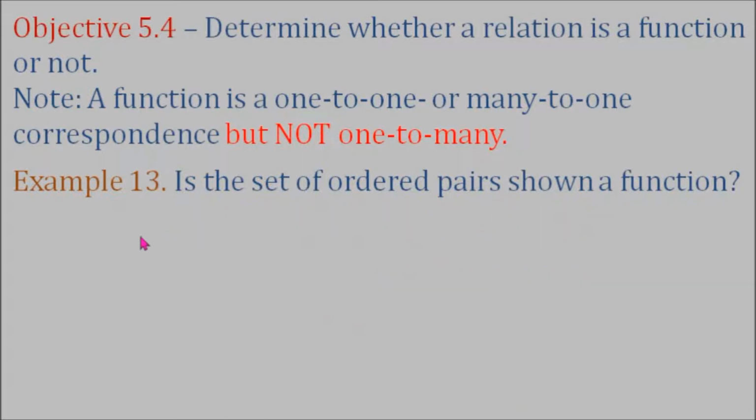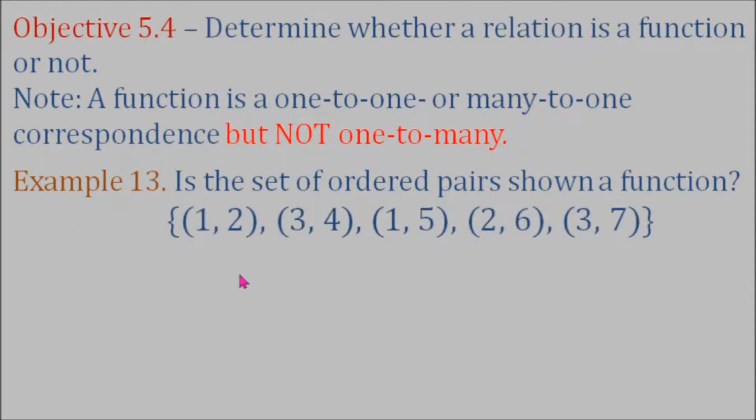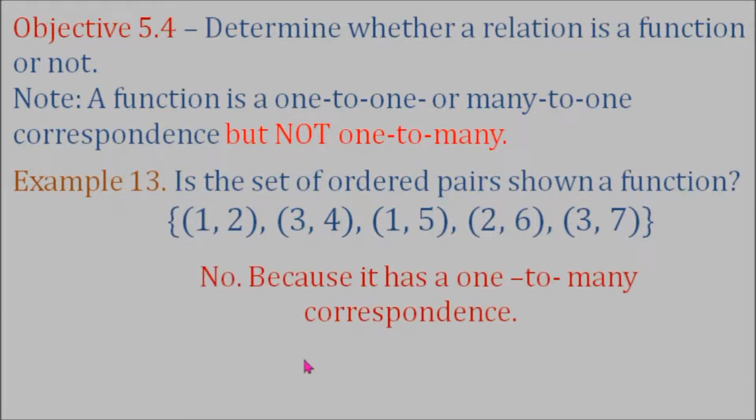How about example number 13? Is the set of ordered pairs shown a function? This is the set of ordered pairs: (1, 2), (3, 4), (1, 5), (2, 6), (3, 7). The answer is no. Why? Because it has a one-to-many correspondence.